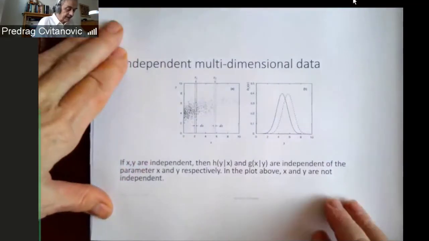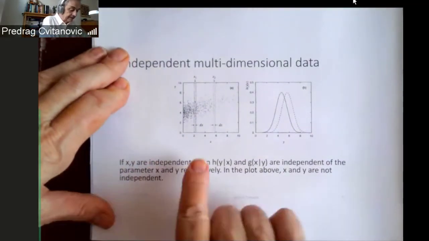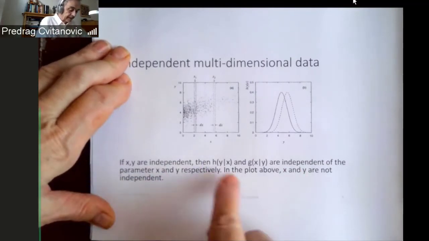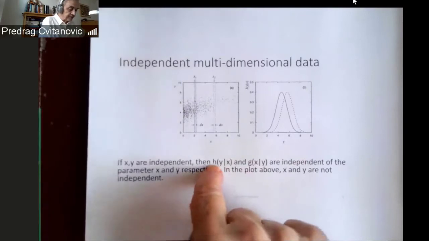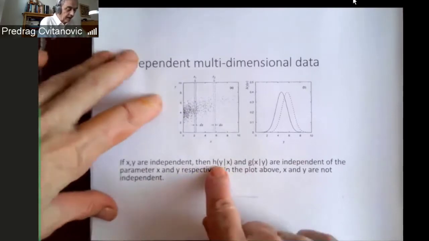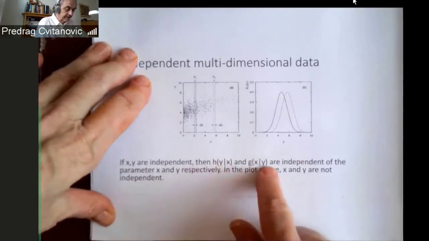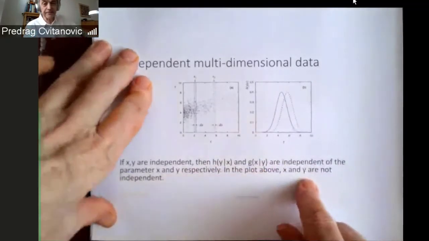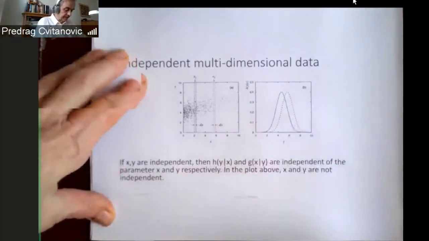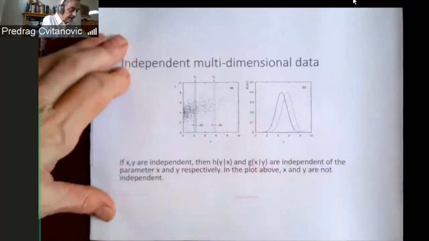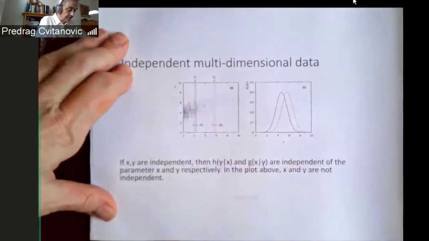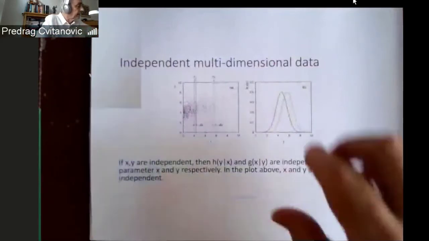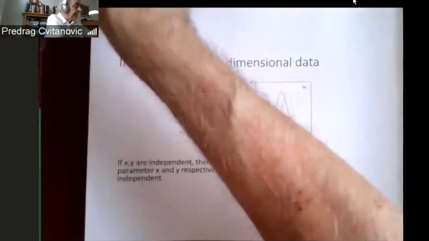And if they are independent, then you'll find out that this conditional measurement of y given x and g given y, the other way, they're independent of the other parameter. That's what you mean by independent. But in this particular case, they're not, because it's the same distribution which you've sliced in some way. That's not a good way.